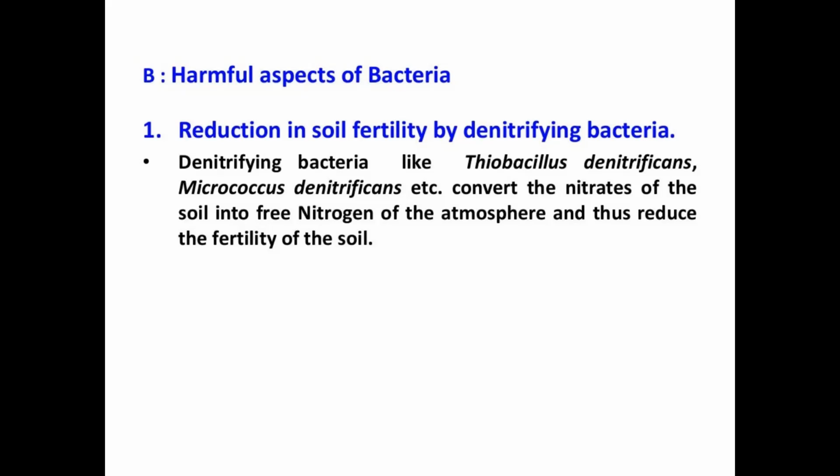But denitrifying bacteria convert the nitrates back into molecular nitrogen, which is a problem as it reduces the soil fertility. The bacteria involved in this process are Thiobacillus denitrificans, Micrococcus denitrificans, etc.